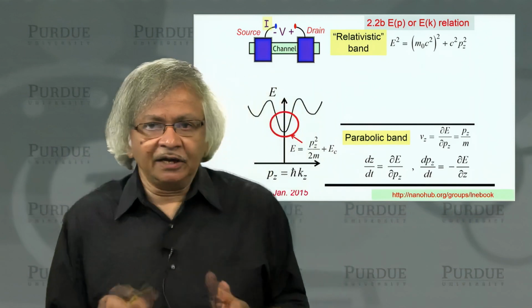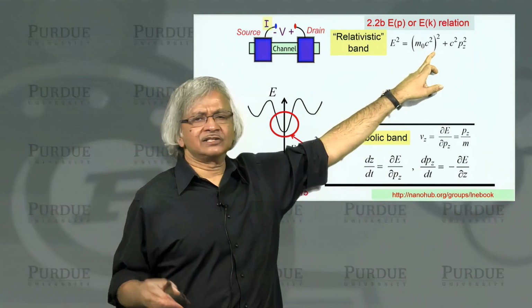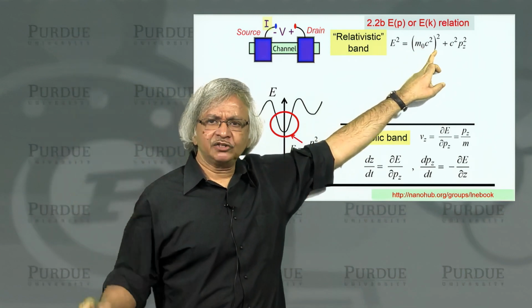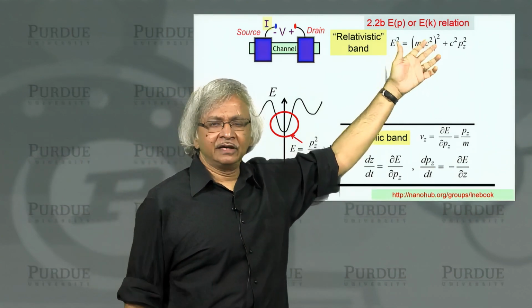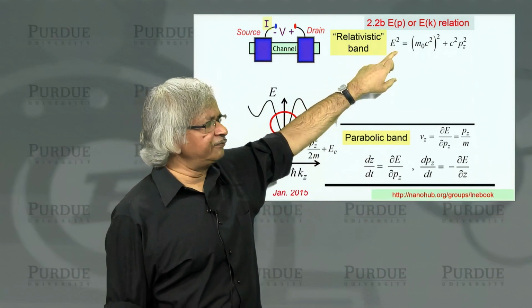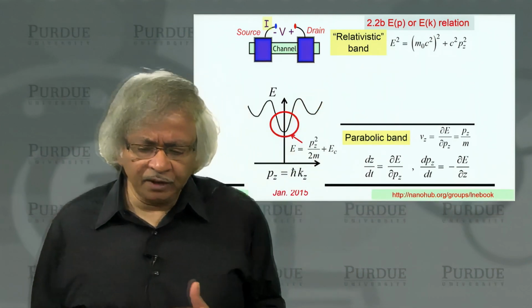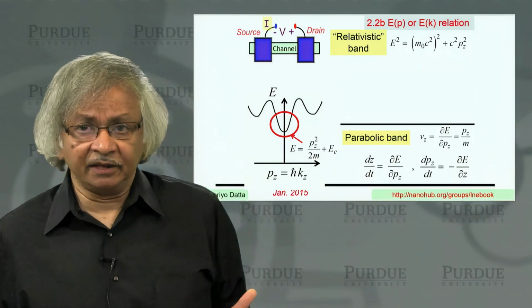But when you have an energy momentum relation looking like this in a solid, that c is not the velocity of light. It's usually like a couple of orders of magnitude smaller. Right? It's only just mathematically it has that form. And the question we're asking is, if that's your energy momentum relation, then what is the relationship between momentum and velocity? Is it P equals mv or is it something else?